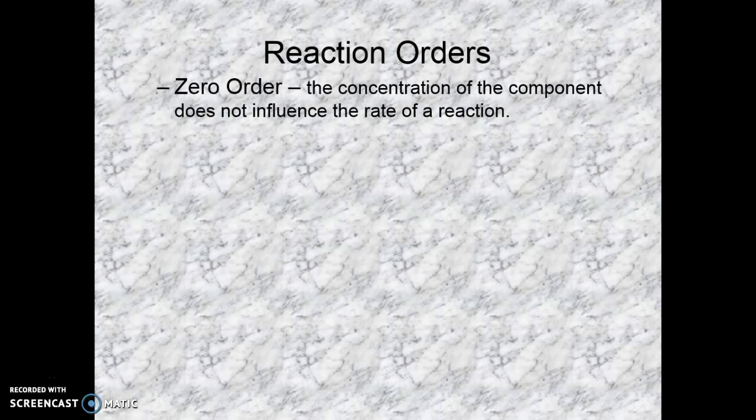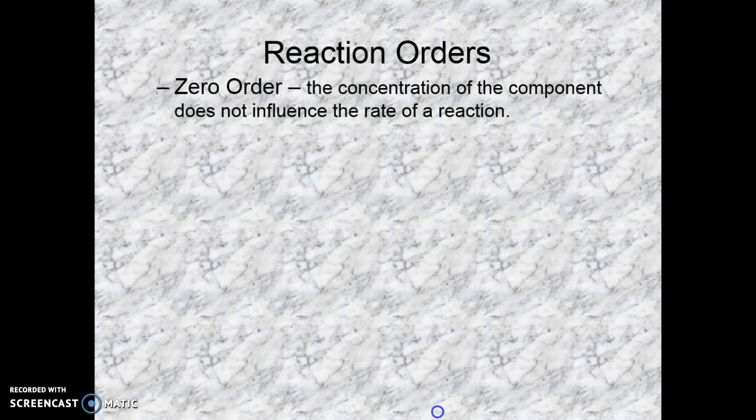Typically, you're going to have one of three reaction orders. You can have either a zero order, a first order, or a second order. So in a zero order component, the reaction is not influenced by that substance at all. Basically what we're saying is it doesn't matter how much of that reactant you have, you cannot make the reaction go faster or slower.